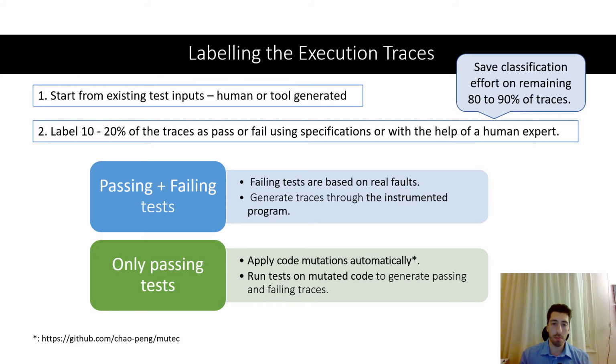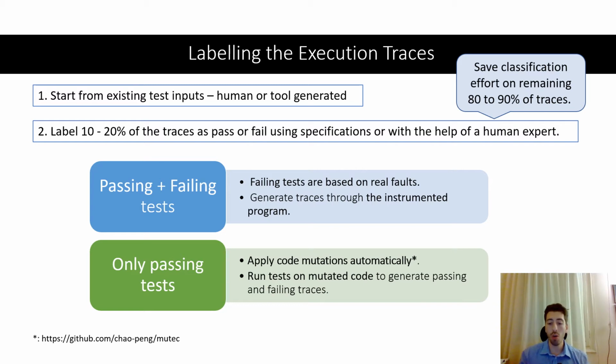The second important part after collecting all the traces is how do we label all the executions as passing or failing. We start from existing test inputs from the code bases that we evaluate, and these test inputs can be human generated or automatically generated.